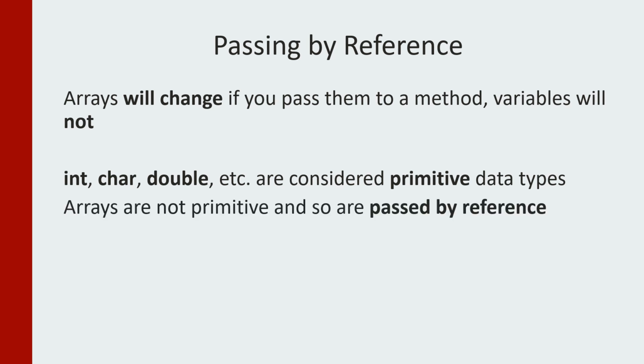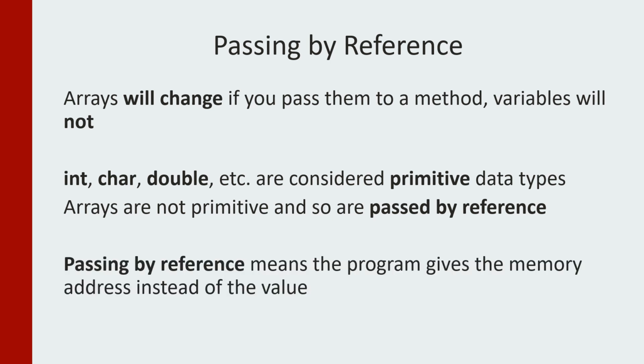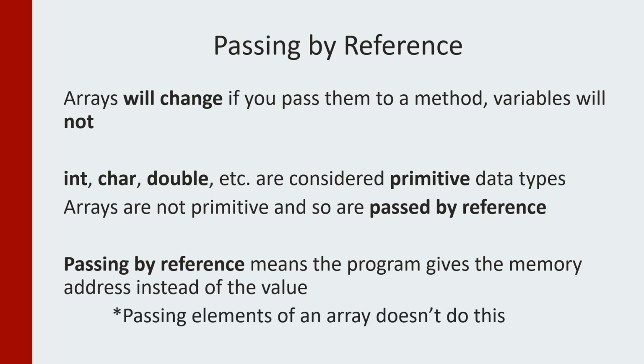Arrays are not primitive, and therefore they are passed by reference. Passing by reference means that the program actually just gives the memory address instead of the value. That's in contrast to passing by value, which is what the primitive data types do. Now, passing elements of an array doesn't do this.